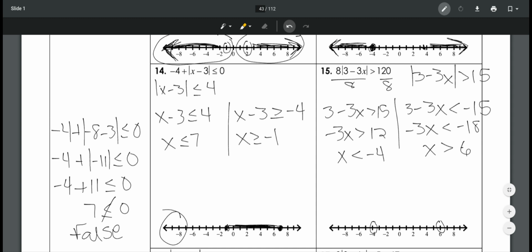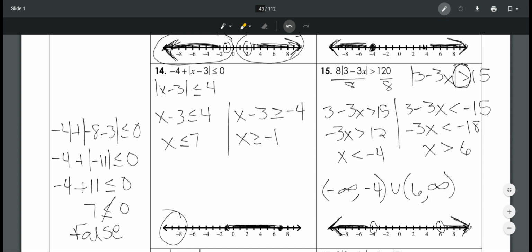Now, this inequality symbol is a union. It is not an intersection. It's a greater than problem. So I will shade less than, and I will shade greater than based on the solutions that I got. Now, my interval will be from negative infinity to negative 4, parentheses because of the open circle, and I will union that with 6 to positive infinity.